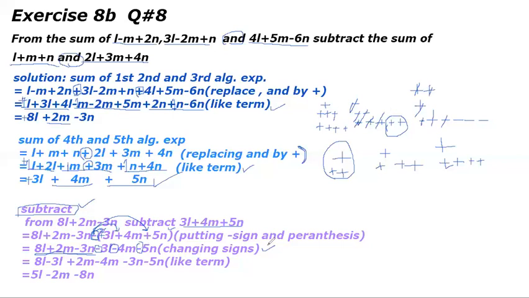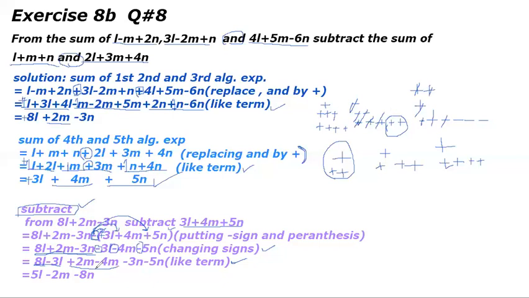You have to keep it in mind. Okay, after this step, now we will collect the like terms. I have written in the parentheses that like terms 8l and 3l are the like terms because both have same variable l. Similarly, 2m and negative 4m are like terms because both have same variable.